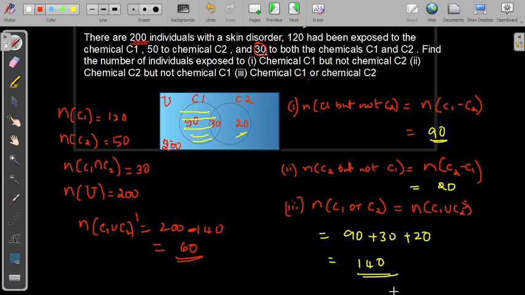These 140 are exposed to chemical C1 or chemical C2. So if they ask for the number of individuals not exposed to any of the chemicals, from the universal set you subtract the people who are exposed to one of the chemicals, and that gives you the people exposed to none of the chemicals.